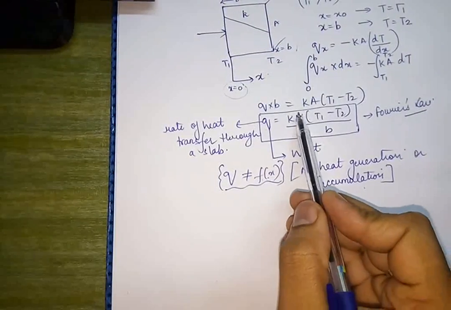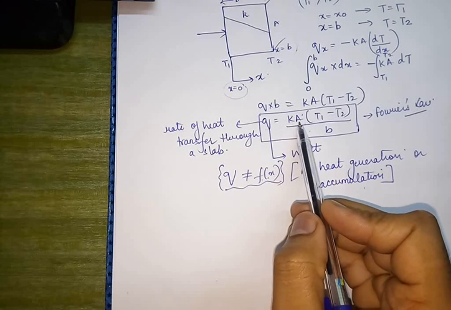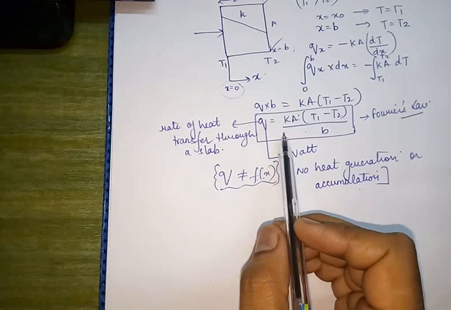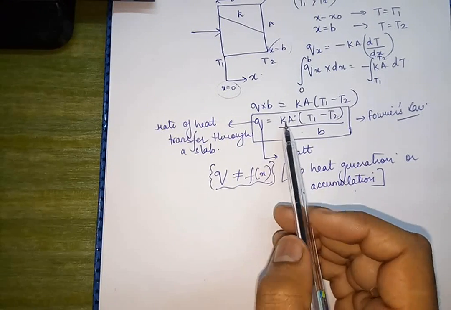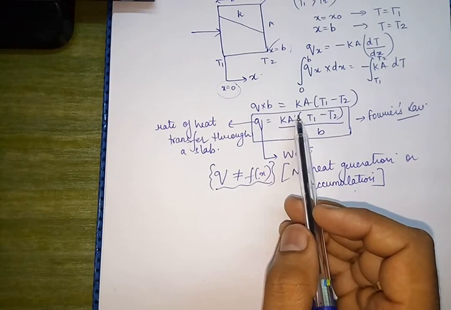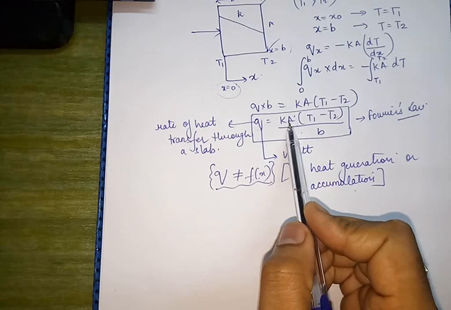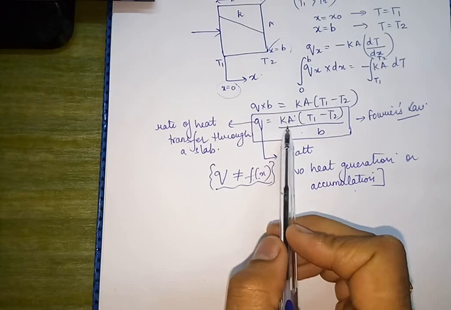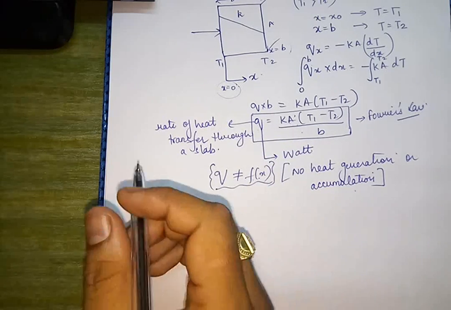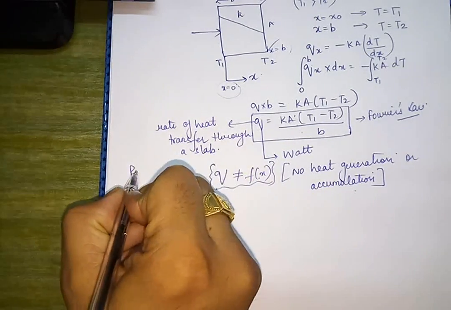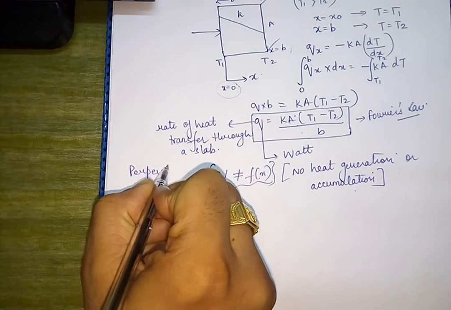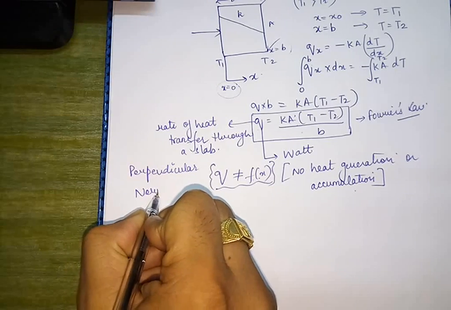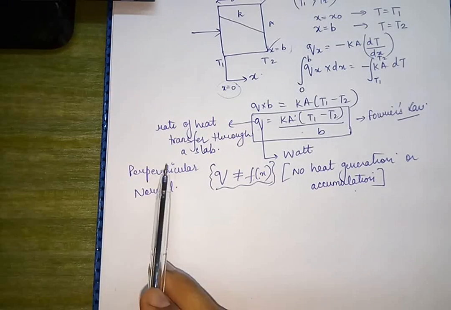Now in the formula, the area which is being used is the area which is normal to the direction of heat transfer. I have already explained this in the previous lecture when I was discussing the basics of heat transfer. Now, what is the difference between the words perpendicular and normal?